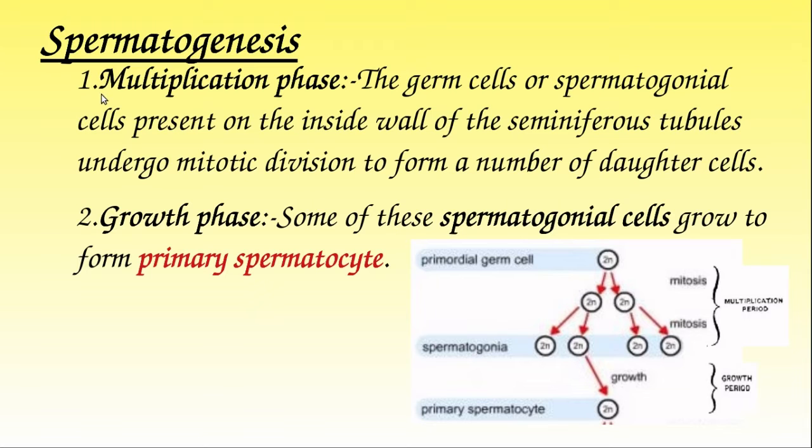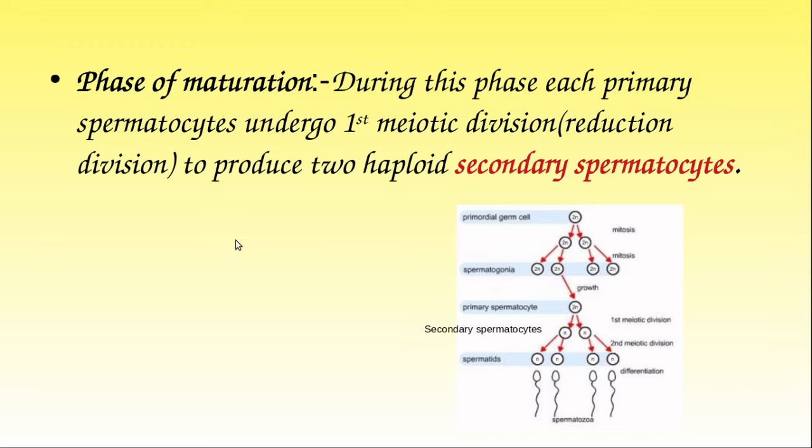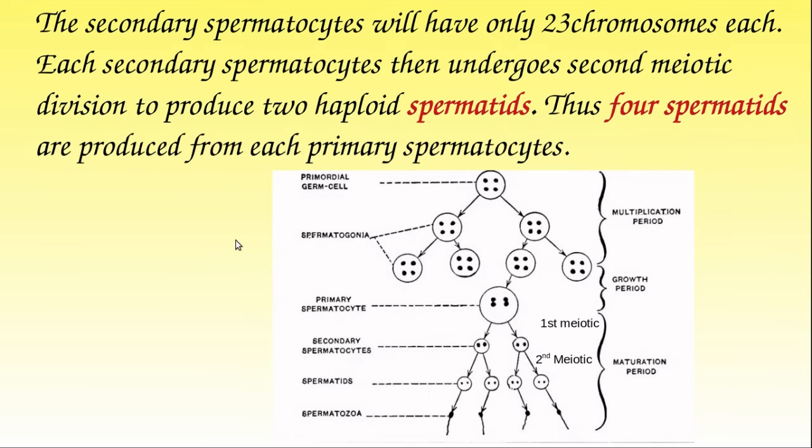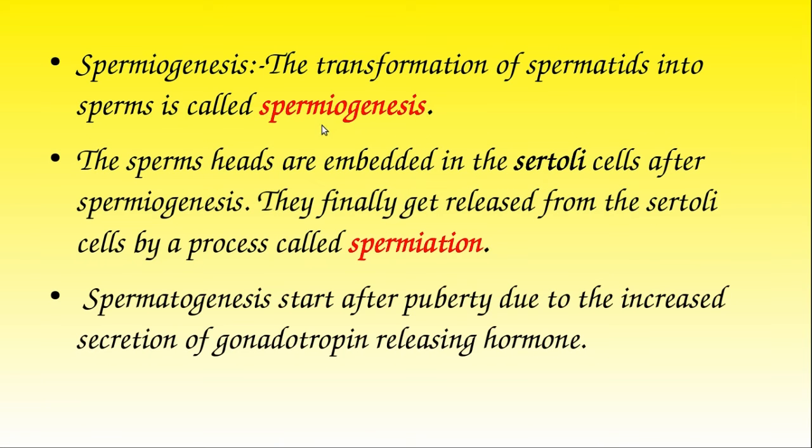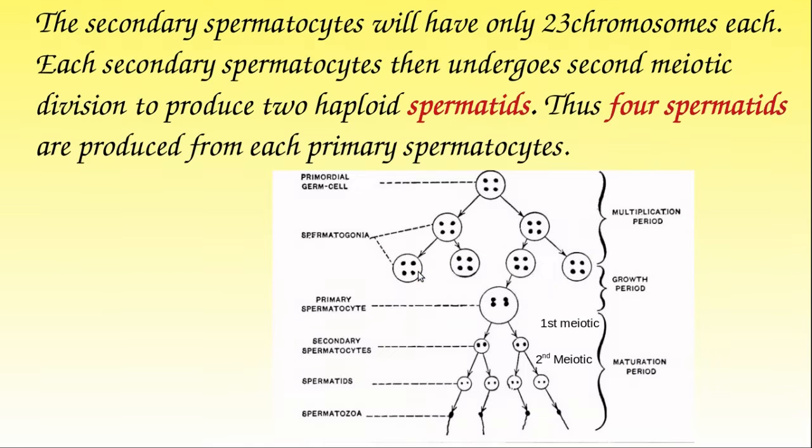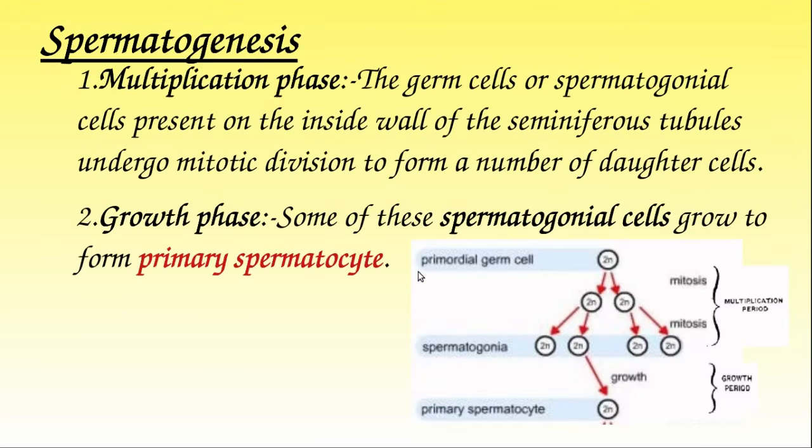The process of spermatogenesis takes place in the human testes, the male testes, and it has various steps. The first step is the phase of multiplication. The second step is the phase of growth. Then the third one, the phase of maturation. Then after that there is spermiogenesis and spermiation. Okay, these are the various steps in spermatogenesis in human males. Now listen up here.